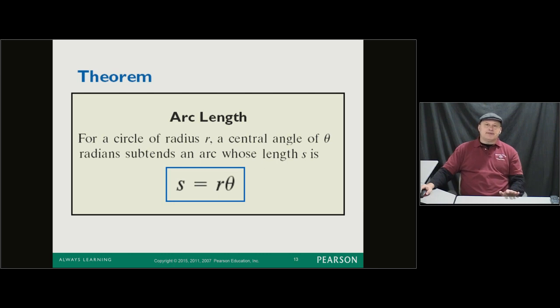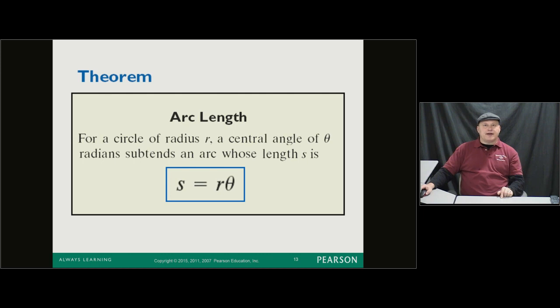Now look at this formula right here. What if theta was 2 pi? Well, if theta was one revolution, you're talking about the whole circumference. So if theta was 2 pi, then what's r times 2 pi? Written another way, it's 2 pi r. And that formula should be familiar to you.